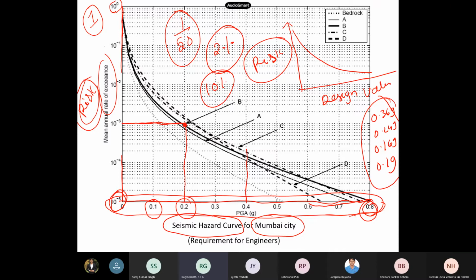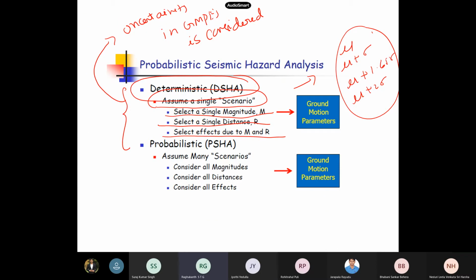So this is the essence of the seismic hazard analysis, what we call probabilistic seismic hazard analysis. The concept is we assume all scenarios, because the magnitude and the distance are all random variables.